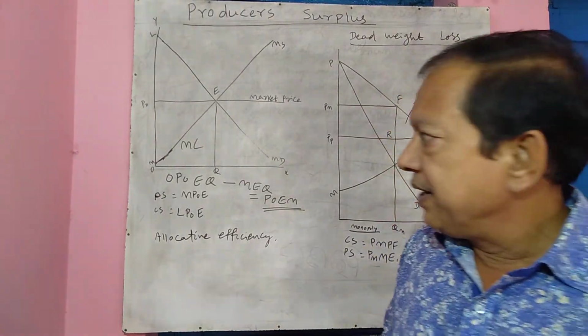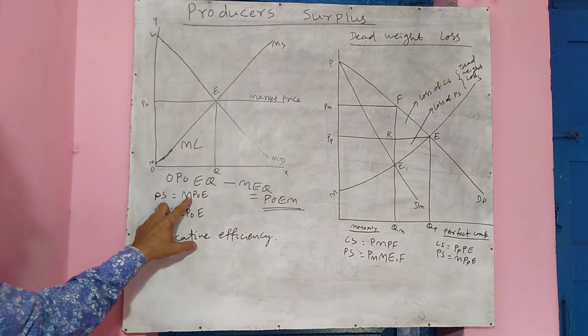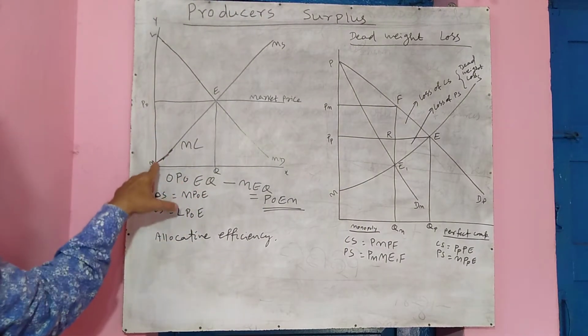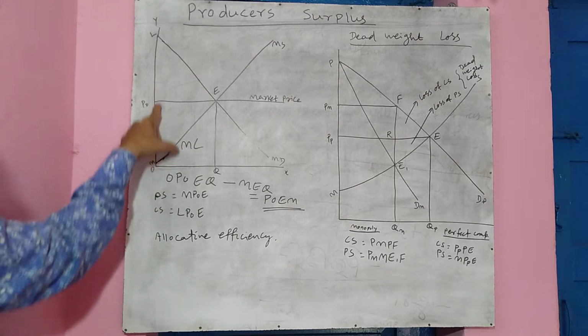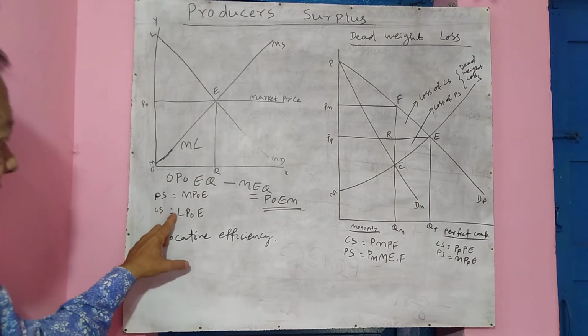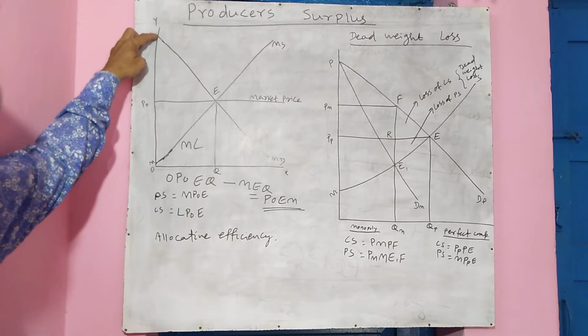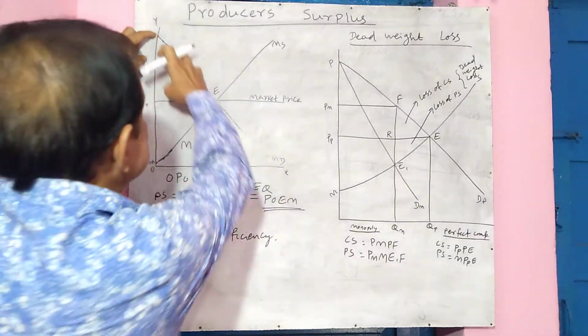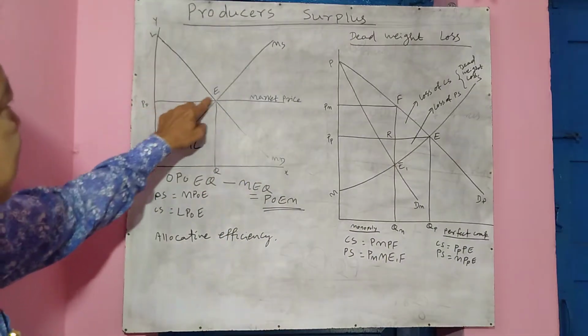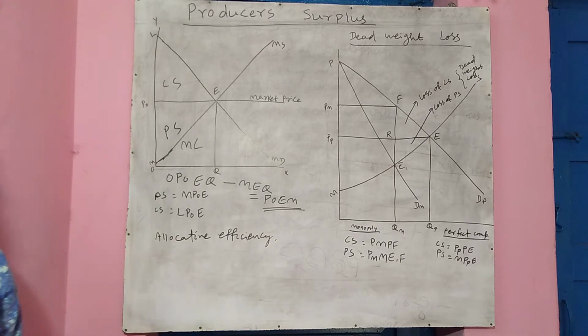Okay. Now here I have written producer surplus MP0E, this triangle. If I ask what the consumer surplus is here, it is LP0E. It starts from here, this is the market demand. It starts from L. So LP0E is the consumer surplus, and this is the producer surplus.